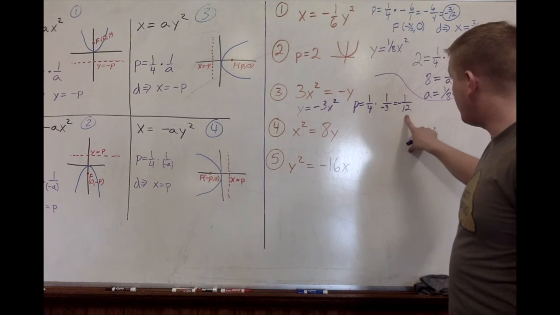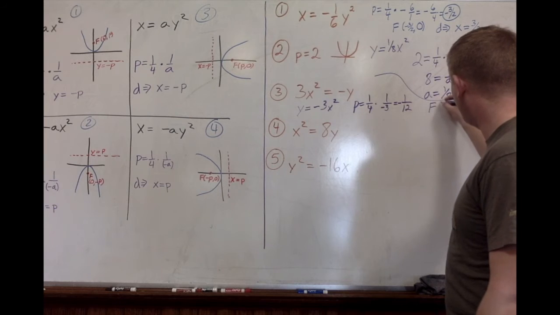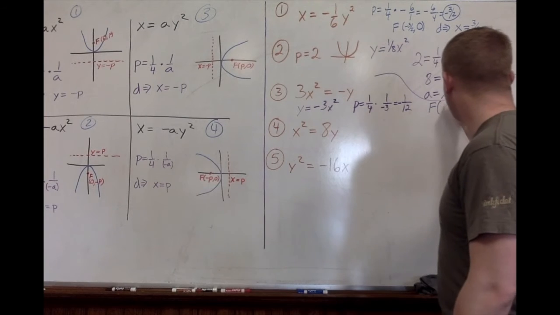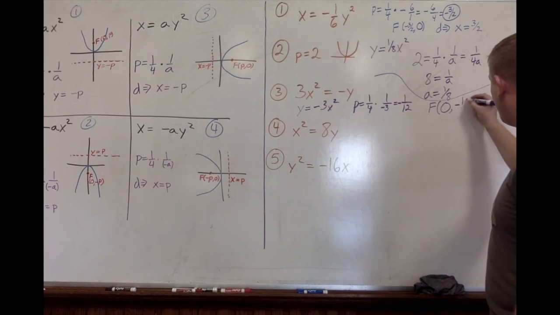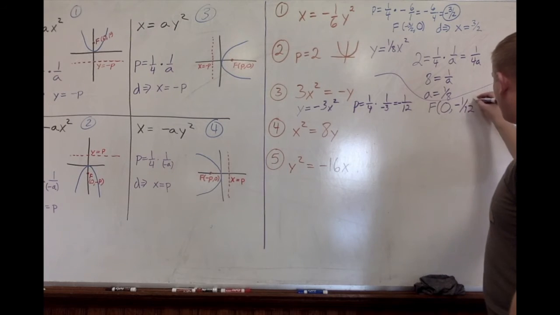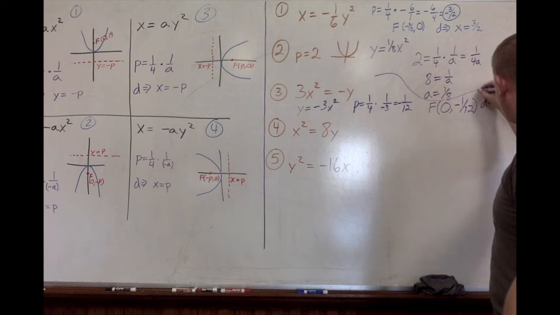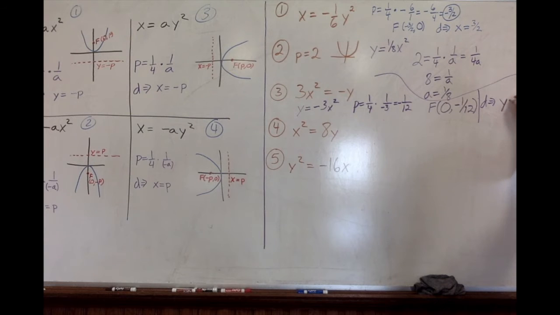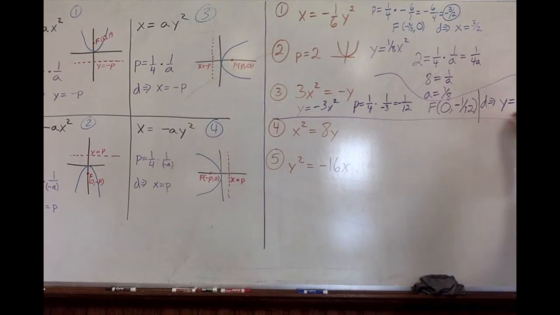So our P is -1/12, which means that the focus point, again, looking at this, our x-coordinate should be 0, and our P should be a negative number. In fact, it is, so -1/12. And for our directrix, the equation is going to be y equals P, the positive version of P, so 1/12. Easy enough, all right? So that wasn't too difficult.